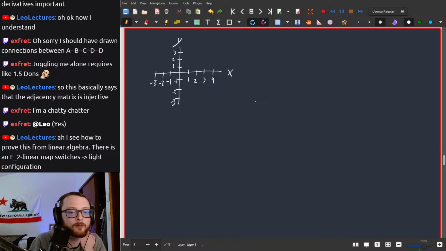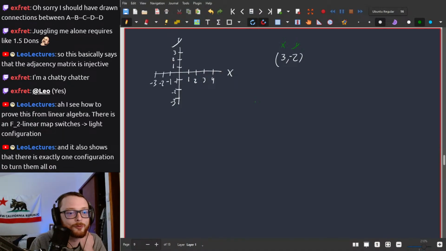So if we want to locate the point, say (3, -2), that's a negative. This is the x and this is the y. So you go 3 to the right on x and then 2 down on the y, and so your point is right here.